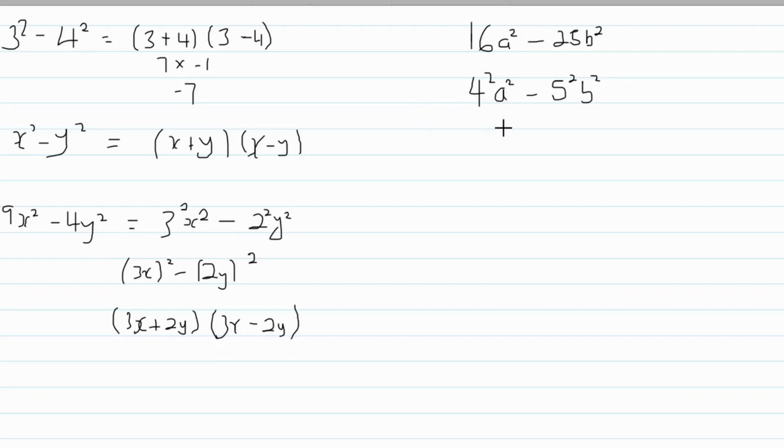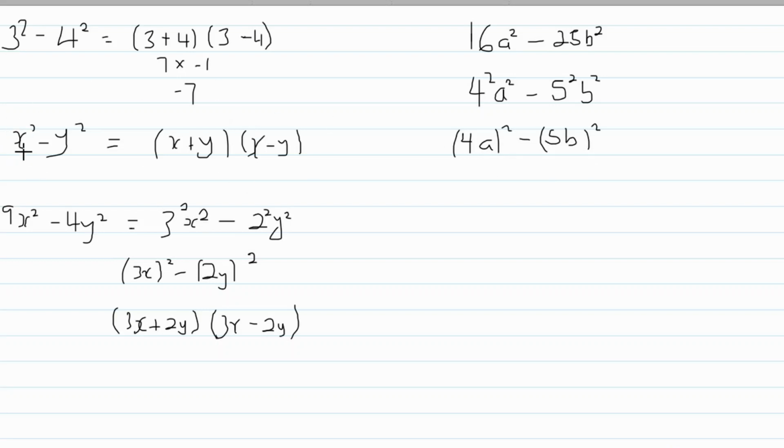So with this, let us look at what we are going to do. Now the concept we did earlier under the indices rule, I can write this as (4a) in a bracket squared minus (5b) in a bracket squared. Okay, so this is looking like x squared minus y squared over here.